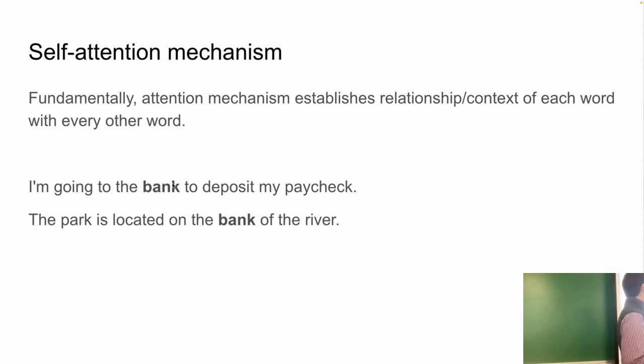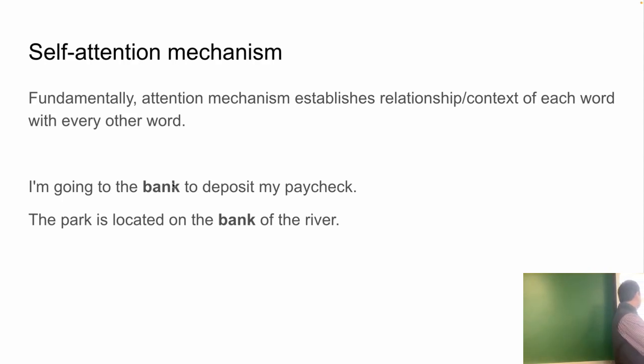Now, what is self-attention? What is attention, which is the heart of the transformer architecture? If you have a text, attention establishes a relationship between each word and every other word of the text. For example: I am going to the bank to deposit my paycheck. The park is located on the bank of the river. Think about the word bank here. If you hear the first statement, you will never confuse this word bank with the bank of a river. You will always think about the bank which transacts money, right?